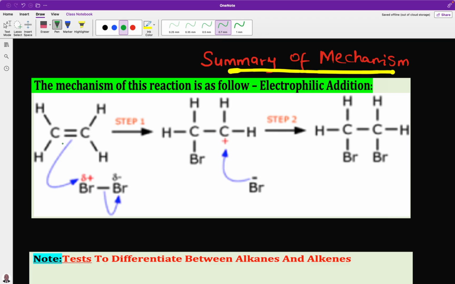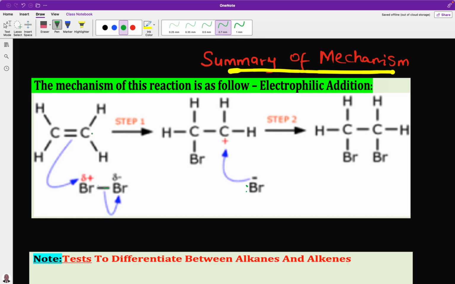Electrons are repelled. This pi electron repels the bonding electron towards the bromine. What happens? There is heterolytic fission. Bromine comes there with a lone pair of electrons. A bond is formed. The two pi electrons that are here will form a bond with the bromine, and this is the bond that is formed here.